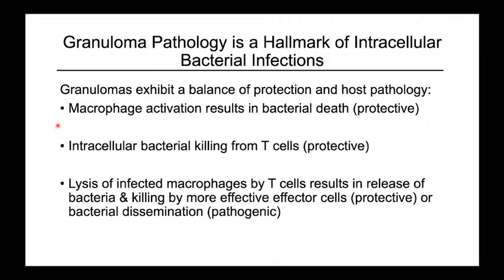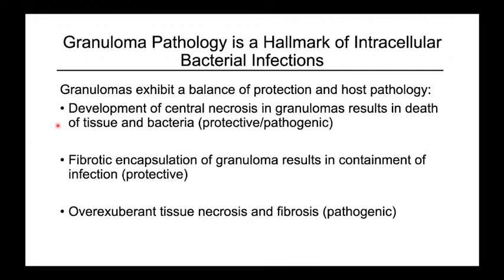You can also get your CD8 T cells causing cellular killing, killing of infected cells. That would be a protective response. However, when these cells are lysed and you have viable bacteria within the macrophages, they can be released, and then you get dissemination of the bacteria. So that would be a pathogenic response, okay?